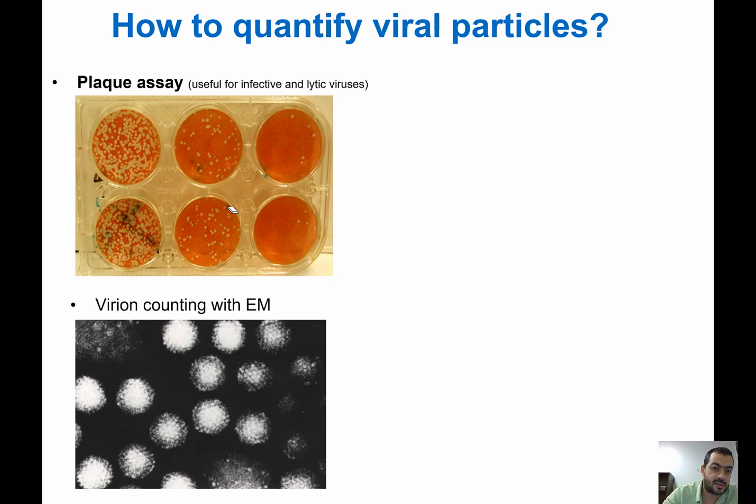Alternatively, you can use the electron microscope, and in this case you will count the number of virions. So let's imagine it is not a bacteriophage, it is an animal virus. I can use the electron microscope and count the number of fully mature viral particles.